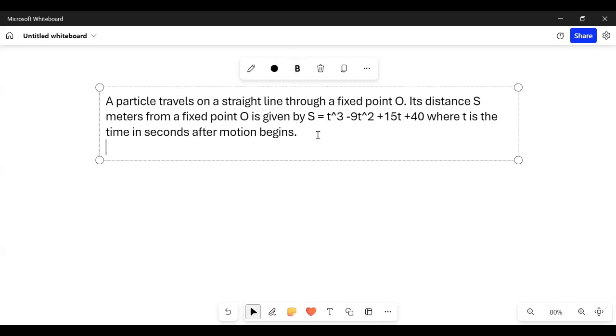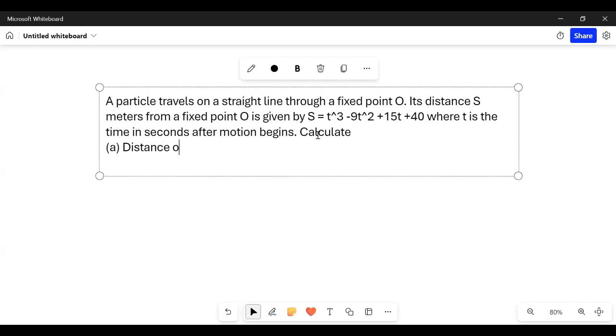Calculate the distance of P from O when its velocity is instantaneously zero.